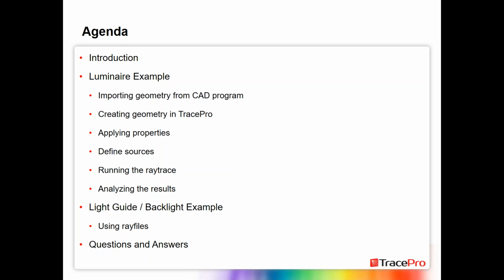After that, we're going to also take a quick look at a light guide or a backlight example. The main focus in that example is I want to show a little bit about using ray files for LED sources in the model. And then we'll wrap it up with a question and answer session at the end. Again, feel free at any point during the webinar to submit any questions you may have.